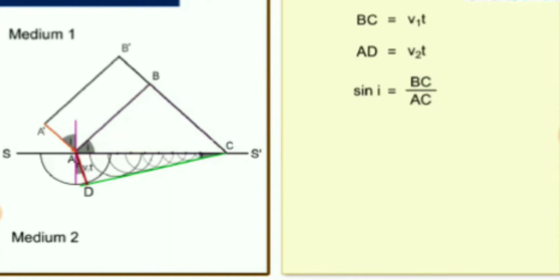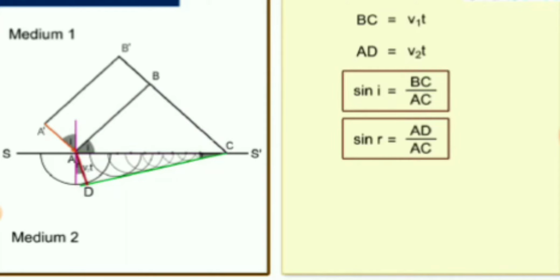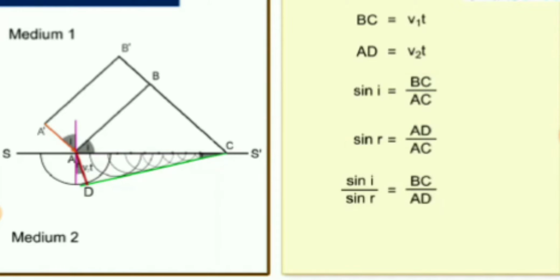Similarly, as the angle ACD is equal to r, from the triangle ACD, we have sin r equals AD by AC. From these two equations, we get sin i by sin r equals BC by AD. On substituting the values of BC and AD and simplifying, we get sin i by sin r equals v1 by v2. Let us label this as equation 1.